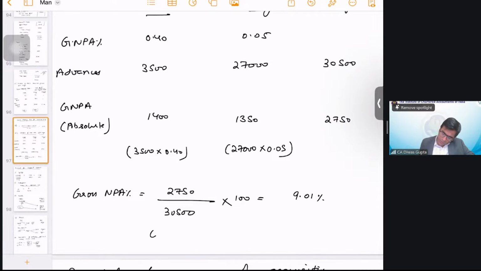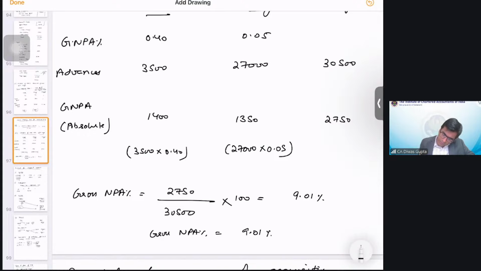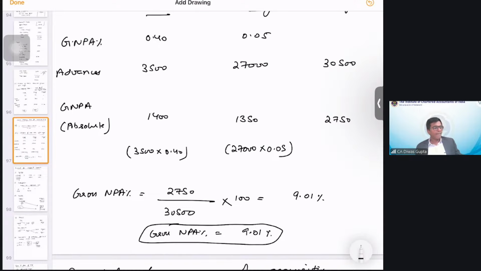So the gross NPA percentage comes out to be 9.01 percentage. Any questions, any clarifications or queries, students? Okay, Saminathan is saying 9.016, so let's make it as 9.02.